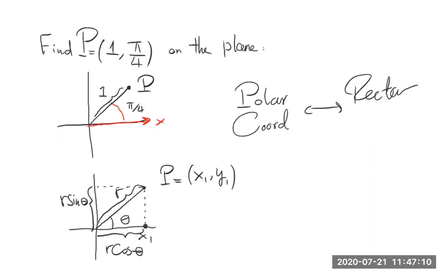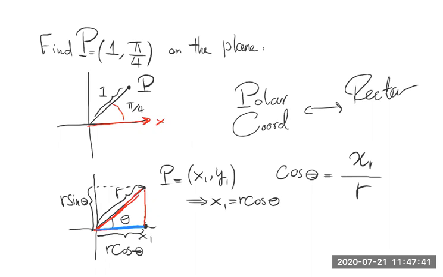Why? Well, because what is the definition of cosine? If we look at this red triangle, cosine is this side to r. Therefore, x1 is r cosine of theta.